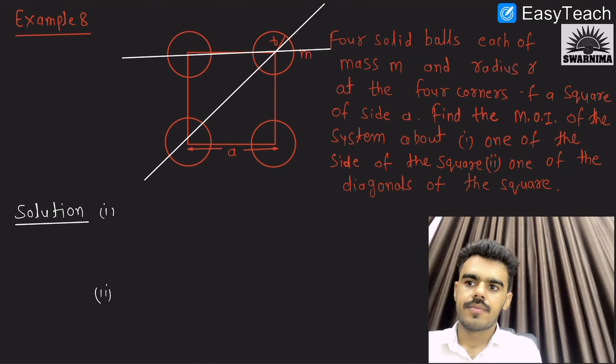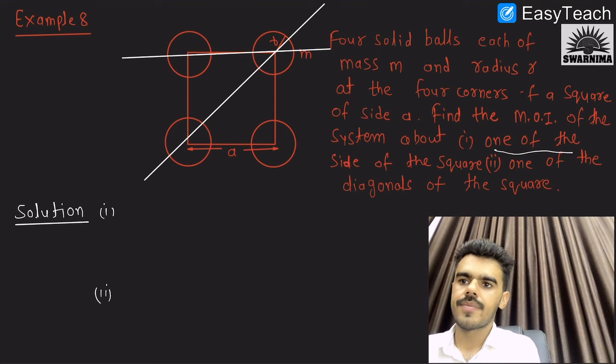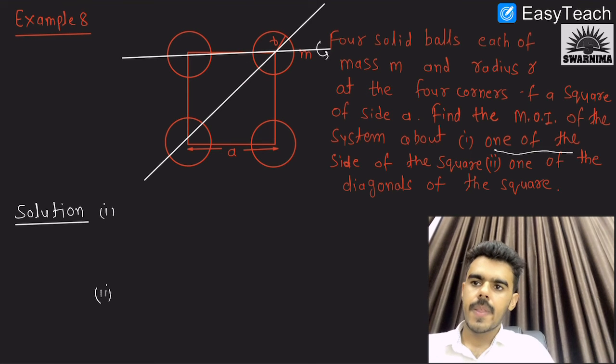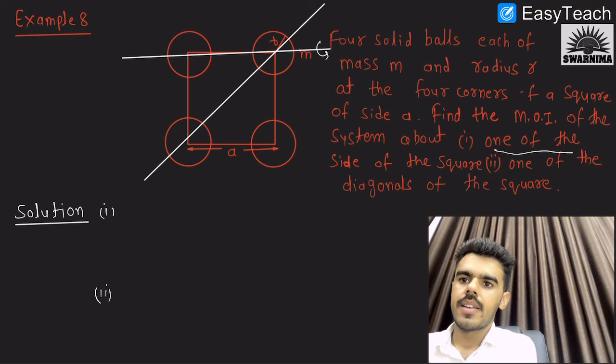So if we talk about the first question, about one of the sides of the square, so about this axis, if we want to calculate the moment of inertia, suppose this is I1 and this is I2.